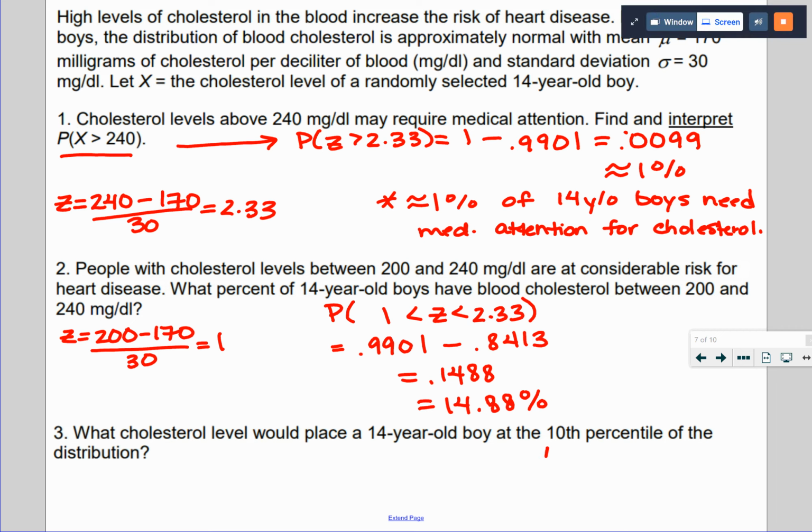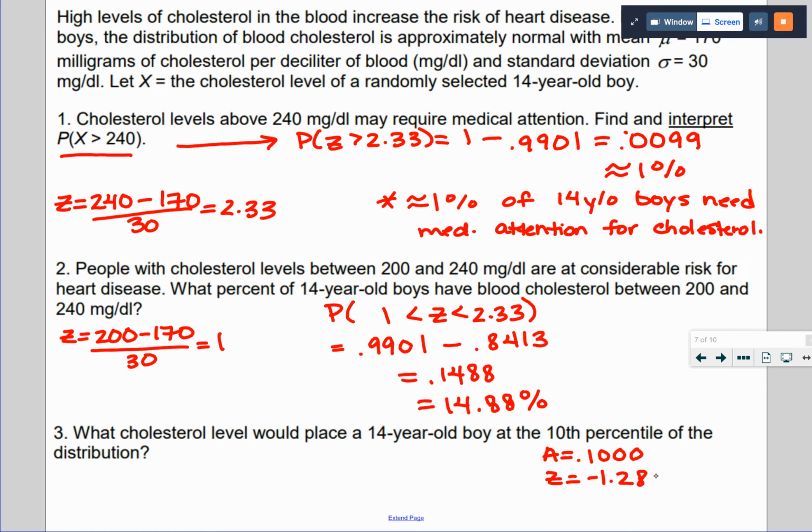So because that's percent to the left, you can just look up cumulative area 0.10 on your chart to get the z-score that goes with it. We have this area, so we find the z next. The closest I can get to 0.1 is 0.1003. So that would be a z-score of negative 1.28.